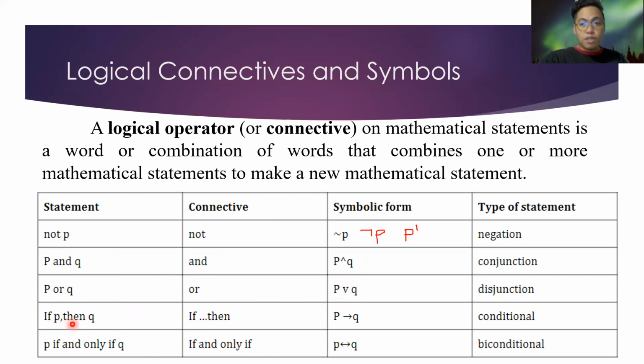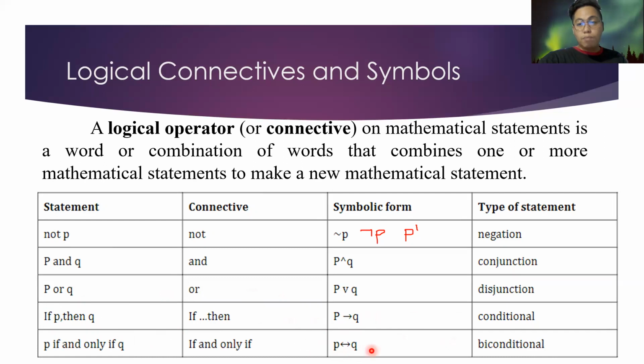If P then Q, this is a conditional. So if you were able to perform the first statement, or if the statement P is true or performed, then you will have the promise, then, or the condition. And then P if and only if Q. This is called the biconditional.